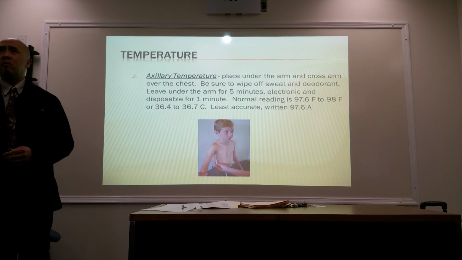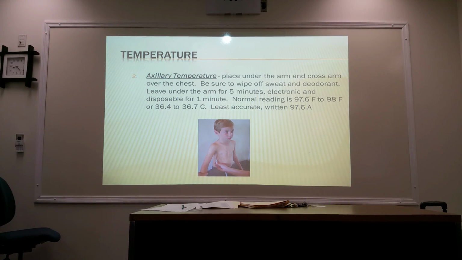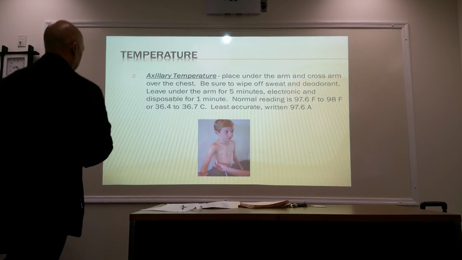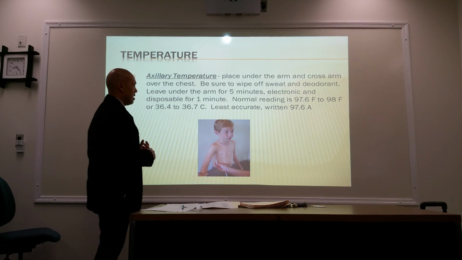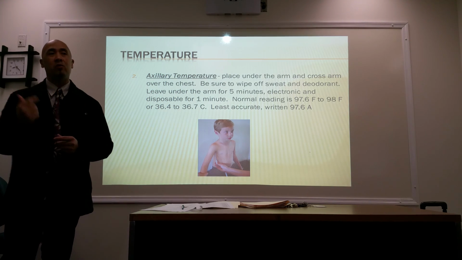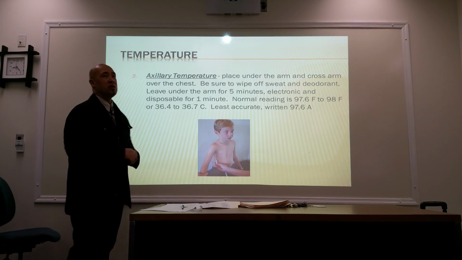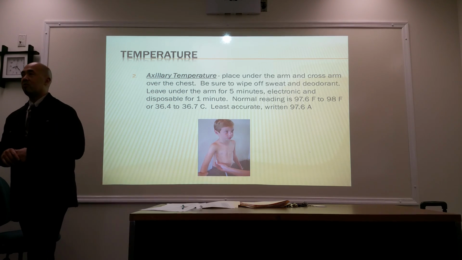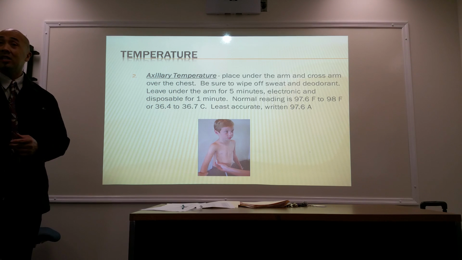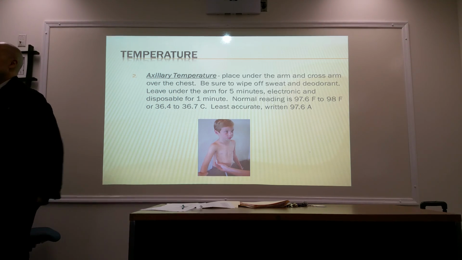Remember, the normal reading orally is 98.6, axillary is 97.6. Not at all accurate, but at least we can get some kind of reading if we can't do it orally or rectally. The way you write this down is 97.6 A, which stands for axillary, or armpit.